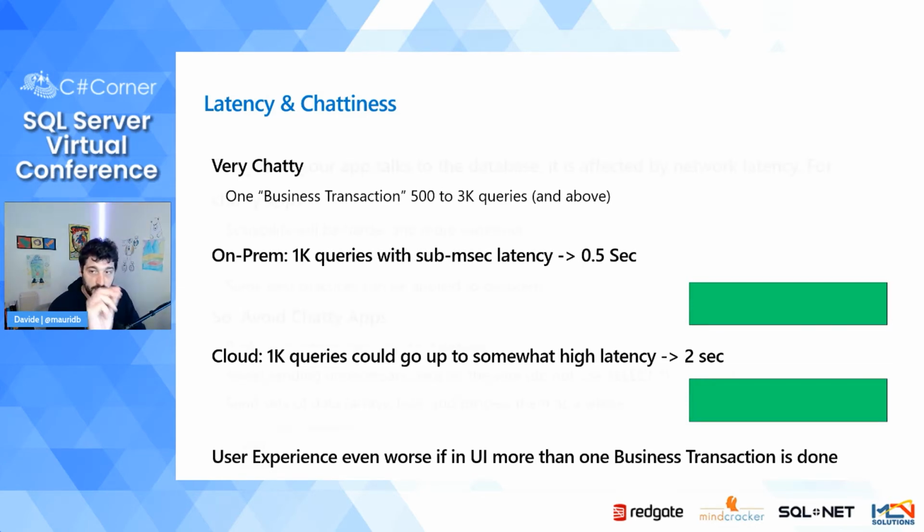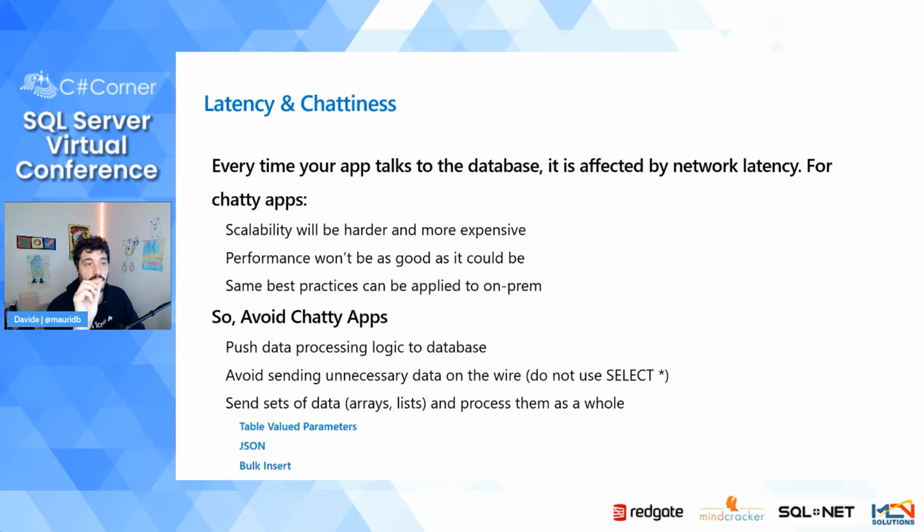So the message here is make sure that you use as much as possible a set-based approach instead of sending 1,000 times one row. Send one set of 1,000 rows, but one time. That's completely different. That will basically completely solve the network latency problem.